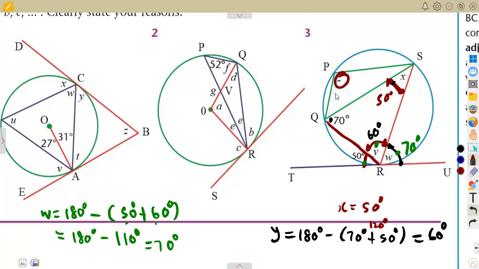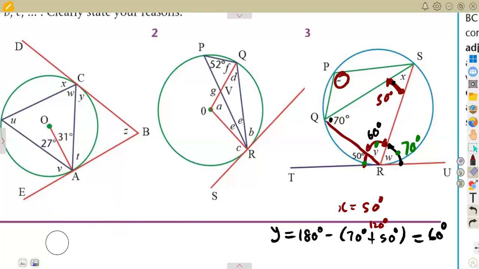What about angle Z? If we consider PQRS, this one is a cyclic quadrilateral. All four vertices are on the circumference of a circle. So if we understand the concept of a cyclic quadrilateral, it follows that opposite angles of a cyclic quadrilateral are supplementary.